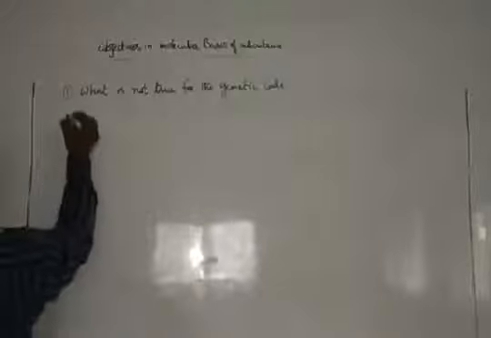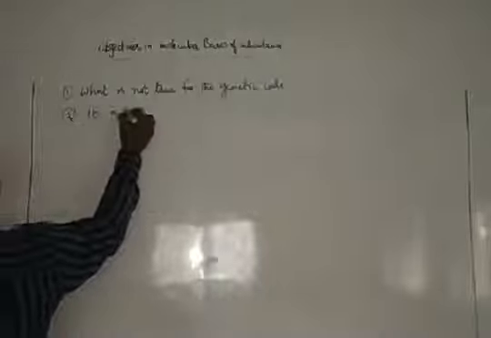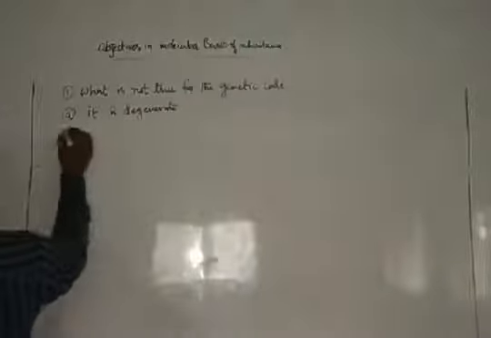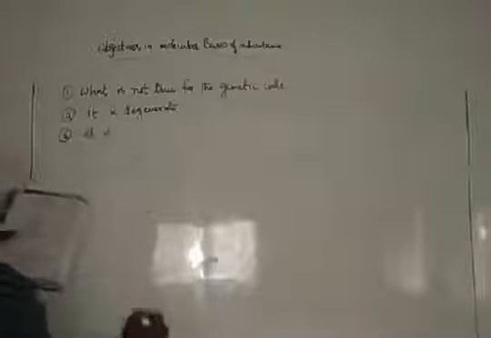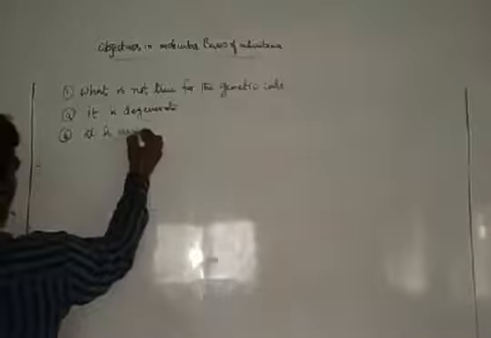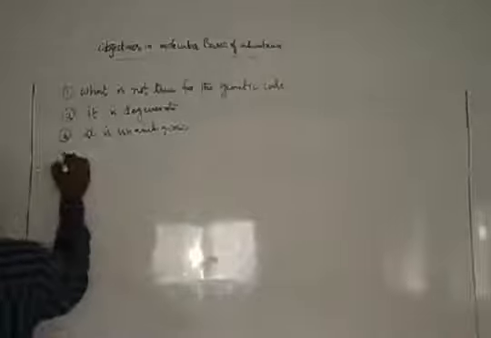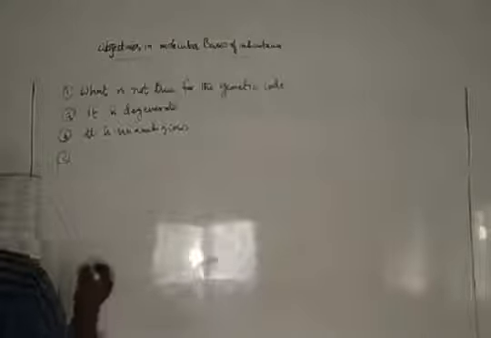The first option is it is degenerate, B is unambiguous, and the C option is a codon in mRNA is read in a non-contiguous fashion.